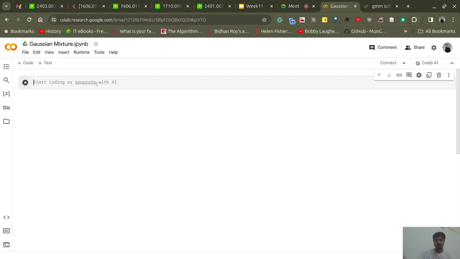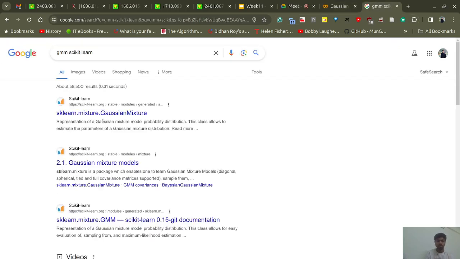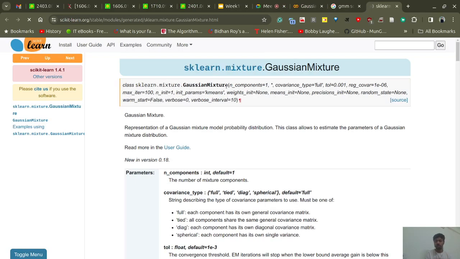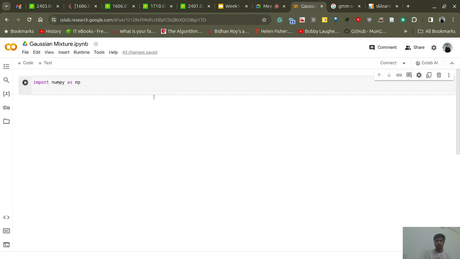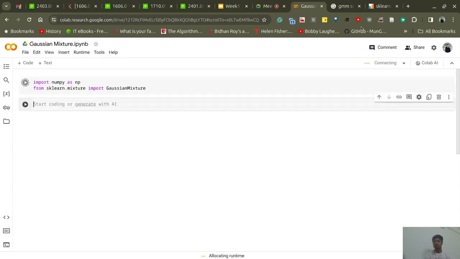Let's first import the libraries, and we also have to import this, from sklearn.mixture import GaussianMixture. So this we have imported, and let's define some data. Let's define some 2D data maybe.